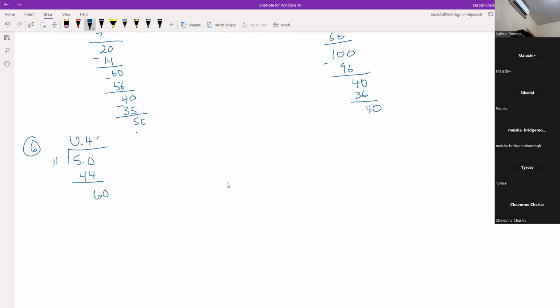Then we could use 5. 5 11s are 55. 11 into that is going to give them a 4. 4 by 11 is going to give them 44. Bring down another 0 again. So realize this is another recurring. So 5 over 11 is equal to 0.4545, and it'll continue going now, 4 5.